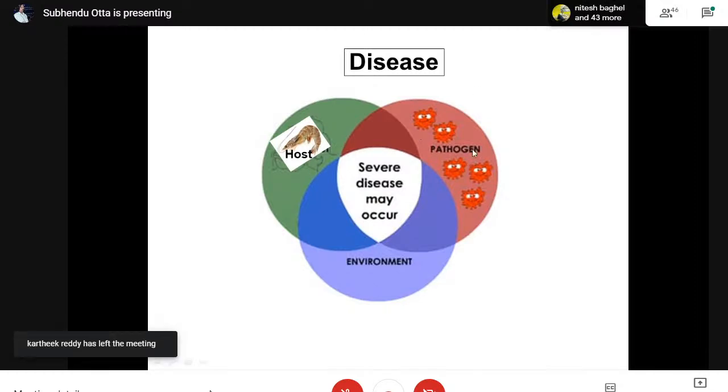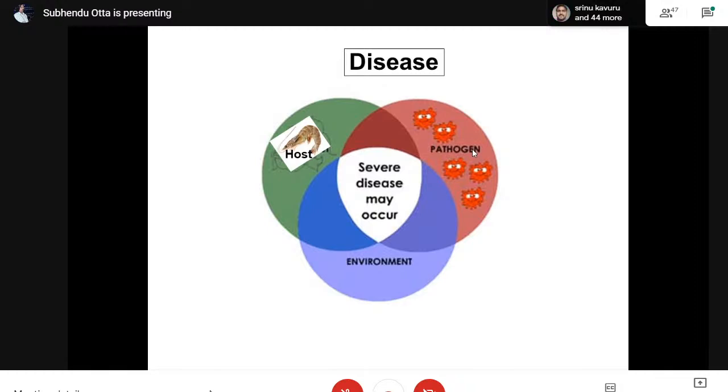Now, pathogens, suppose they get a suitable environment or particular conditions, their number will increase. They will exceed in number, disturb the diversity, and at that time they will be able to cause disease. That's how the balance breaks and disease occurs.